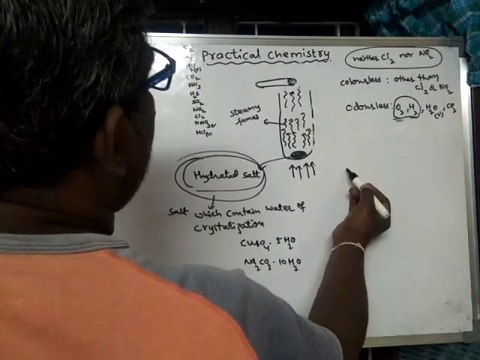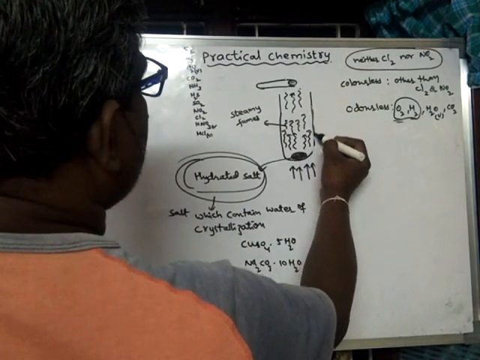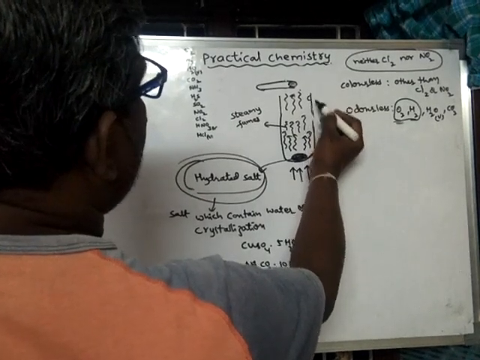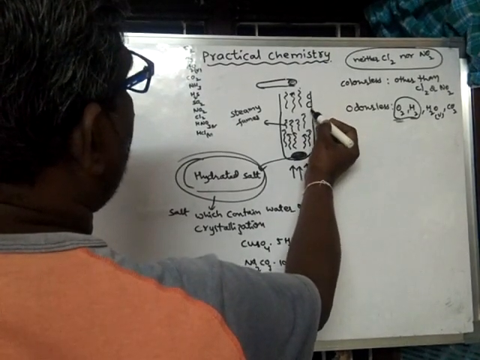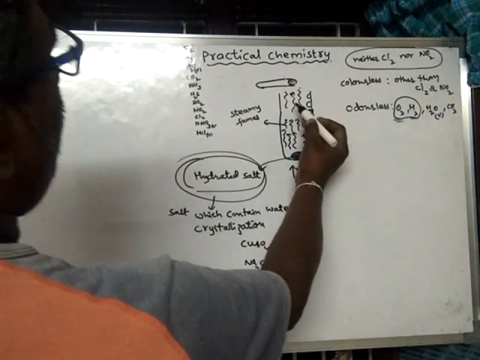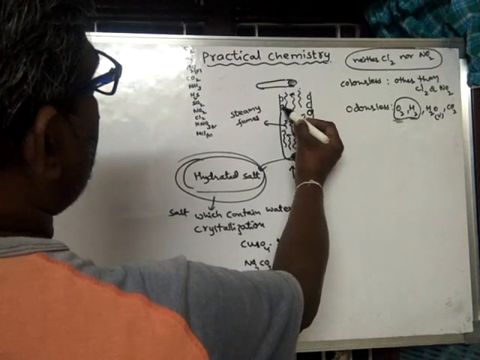Now what will you do? Simply observe these gases. When these gases touch the walls of the test tube, they condense and form a colorless liquid.